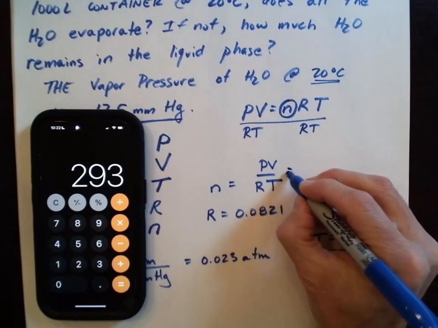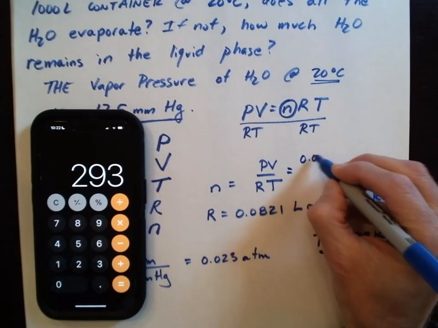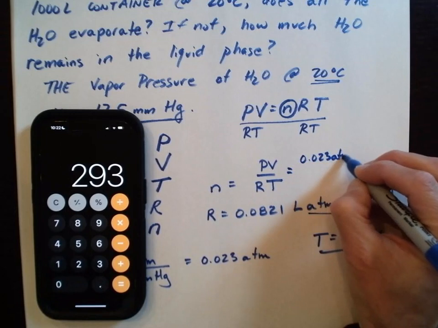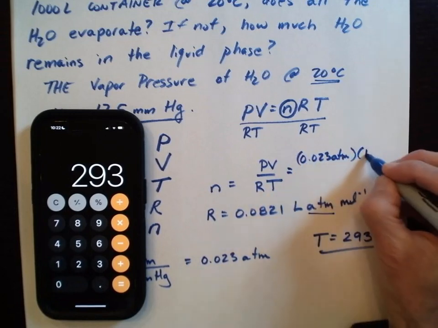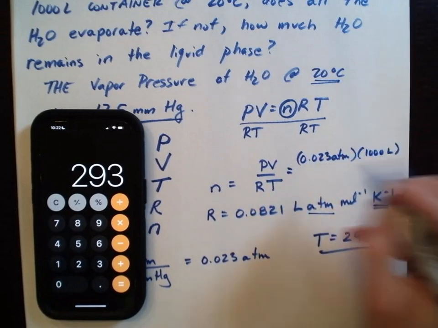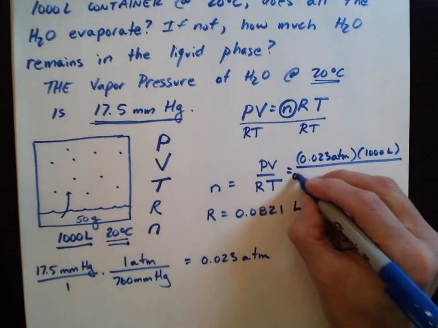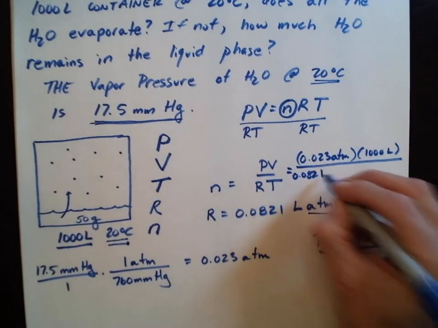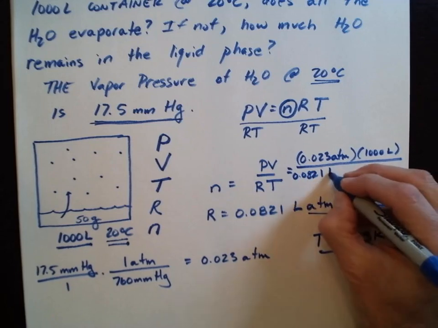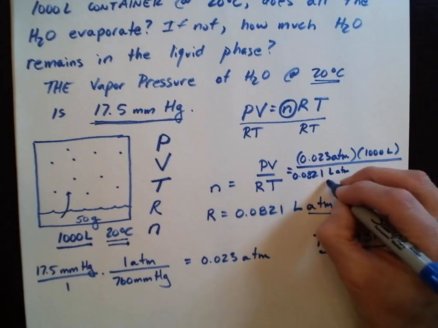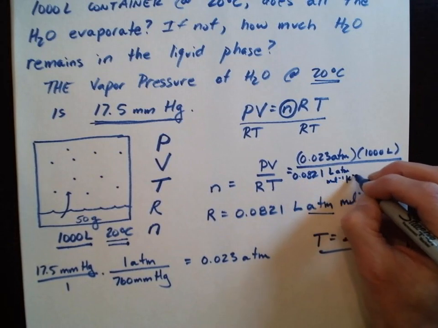We have our pressure, 0.023 atmospheres. We have our volume, which is 1,000 liters. We have R, which is 0.0821 liter atmosphere per mole per Kelvin.